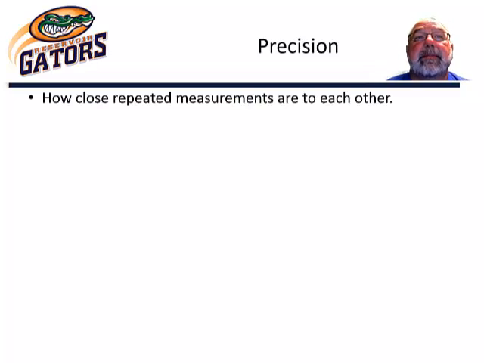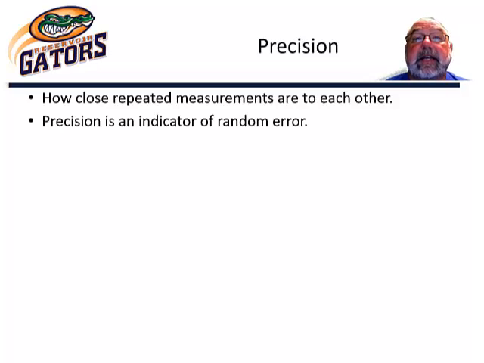Precision is a measure of how close repeated measurements are to each other. So if you use a ruler to measure a length of, for example, a block or the diameter of a CD, if you make several measurements, it's how close each of those measurements is to the others, and that would be precision. Now precision is an indicator of random error.